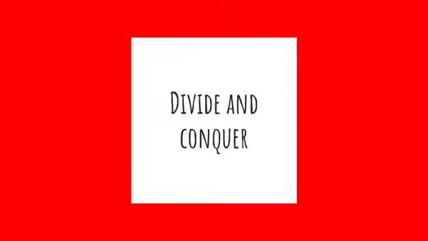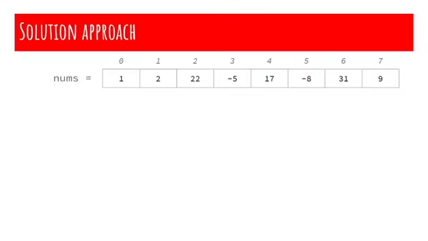Let's dive into the solution approach. Let's assume the given input array nums contains 1, 2, 22, minus 5, 17, minus 8, 31 and 9. At first, we invoke the function call with starting index as 0 and 7.